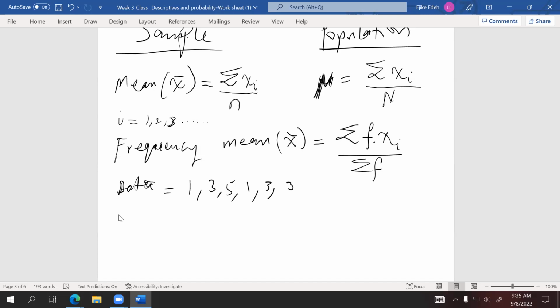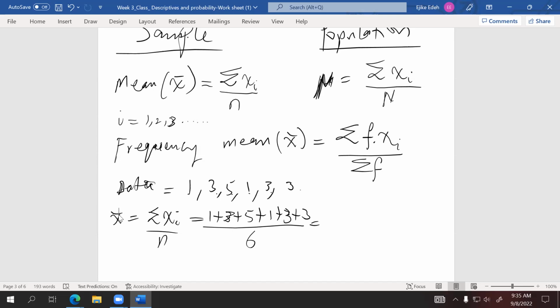I could do the mean as the sum of my data points, which will be 1 plus 3 plus 5 plus 1 plus 3 plus 3, divided by the number of items I have, 1, 2, 3, 4, 5, 6, divided by 6.